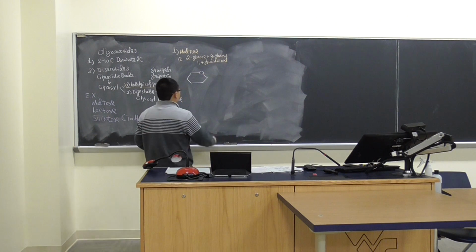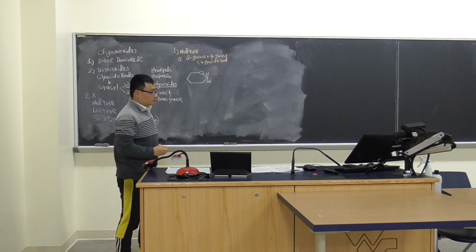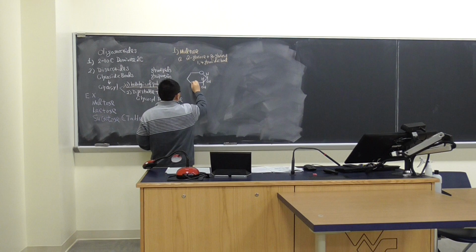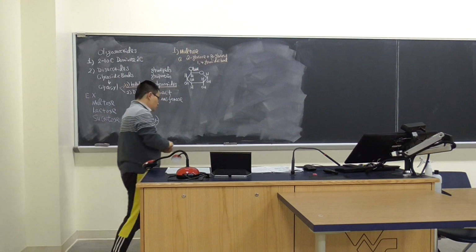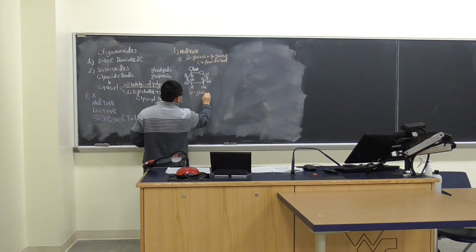If it's alpha glucose, this is H, this is OH, we go down. This is called an anomer. Go H, OH, here OH, H, and here OH, H, here CH2OH, and here is H. This is alpha glucose.